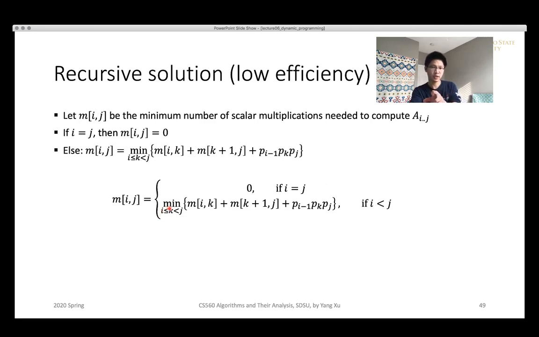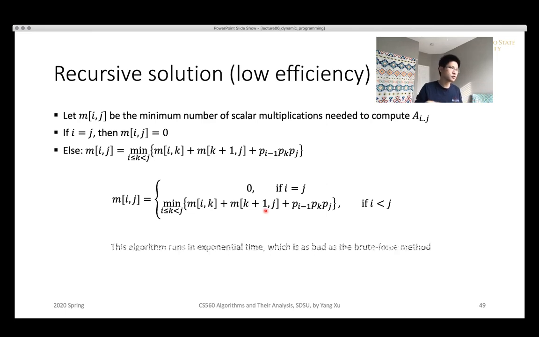When i equals j, m[i][j] is 0, and when i is smaller than j, then we choose the minimum among these solutions.